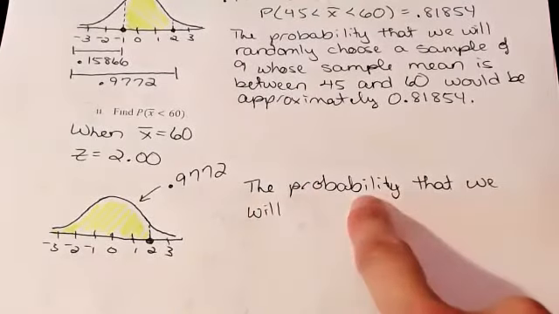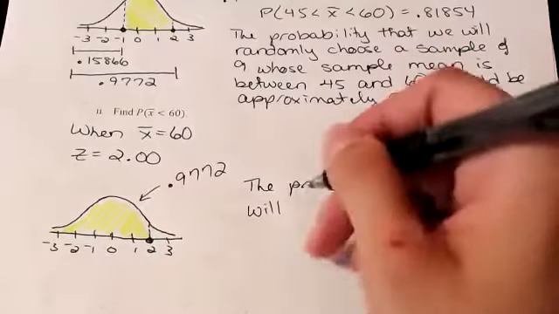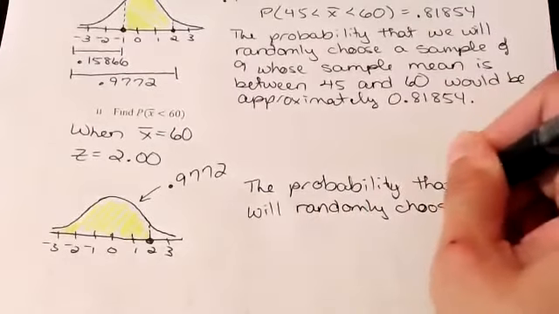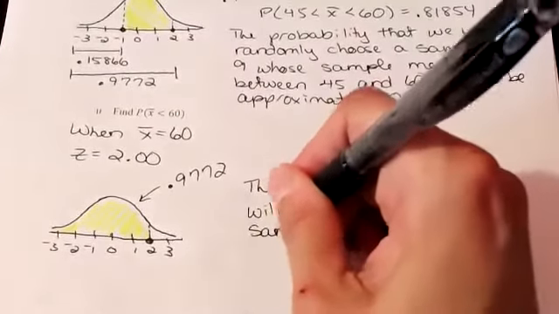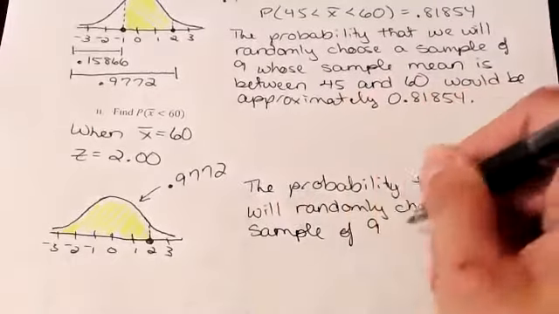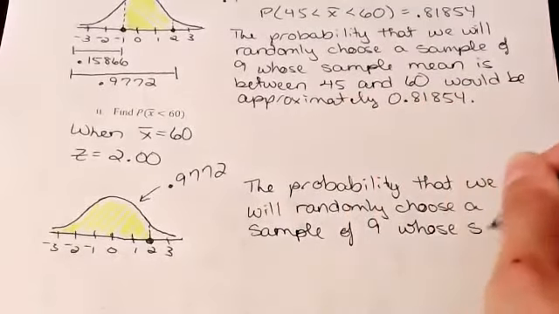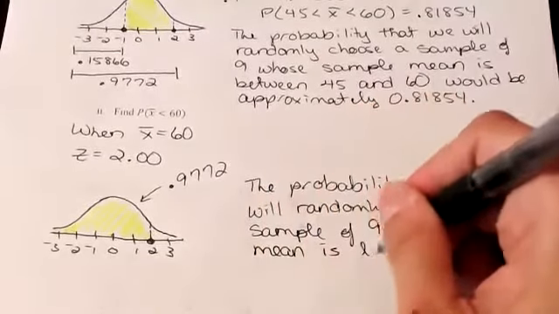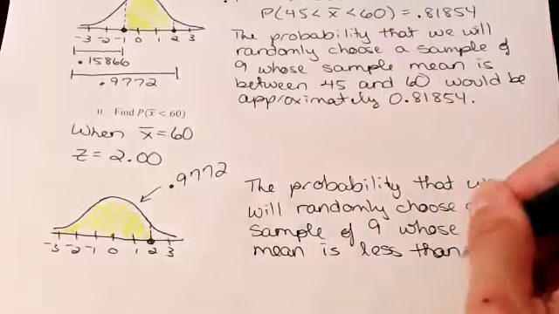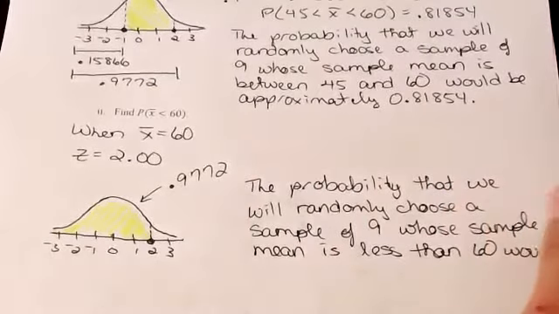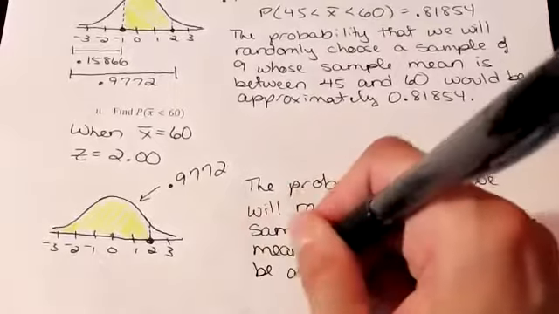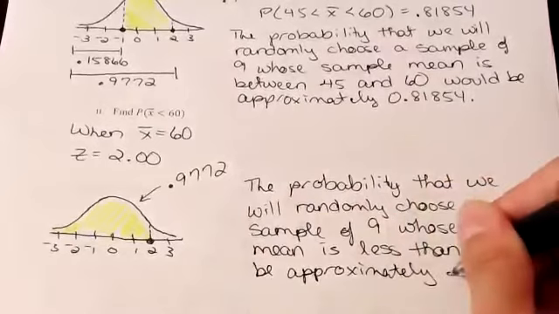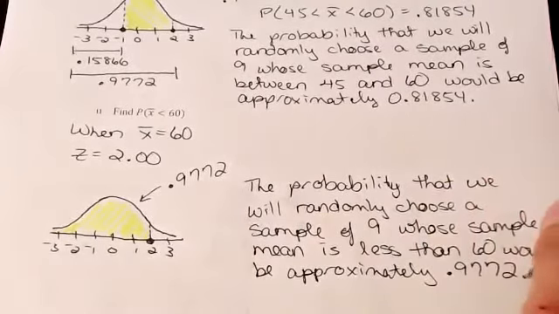The probability that we will randomly choose a sample of 9 whose sample mean is less than 60 would be approximately 0.9772.